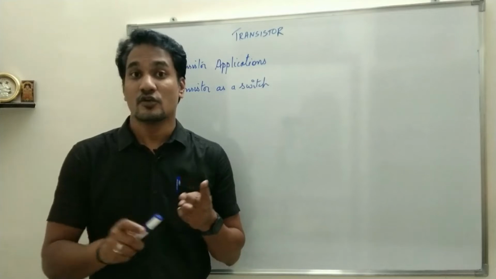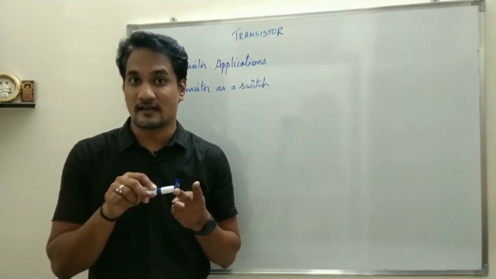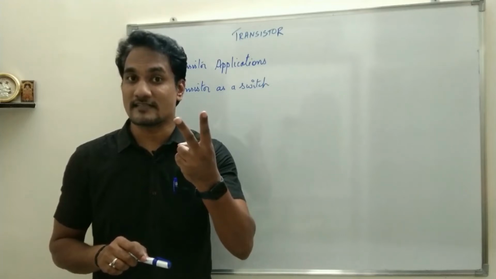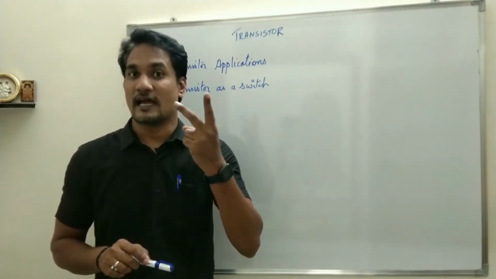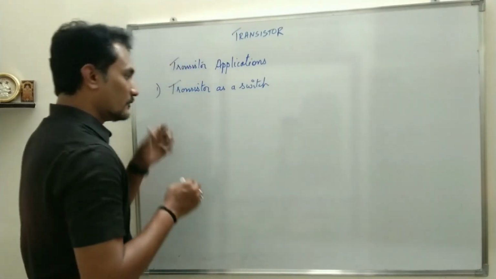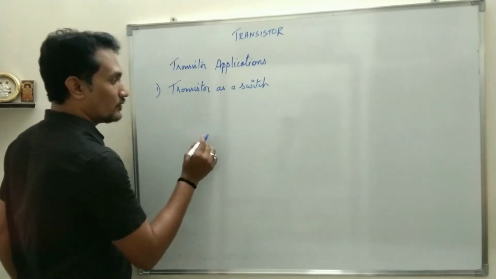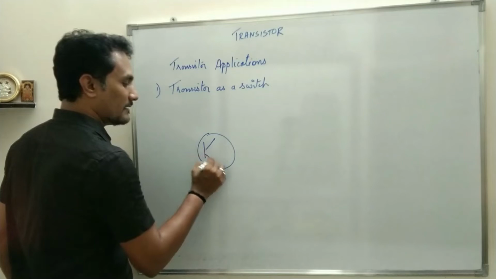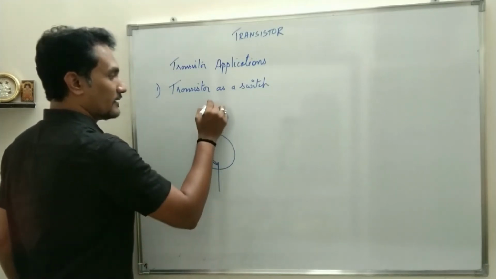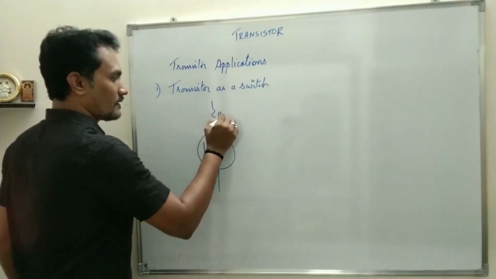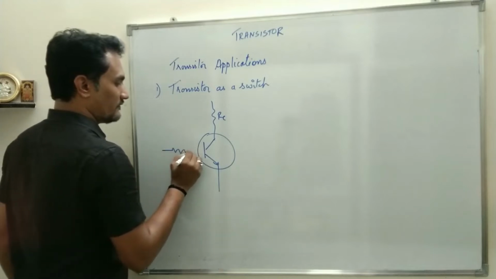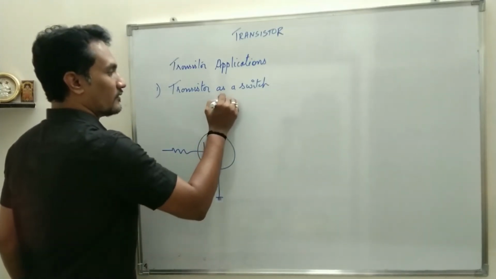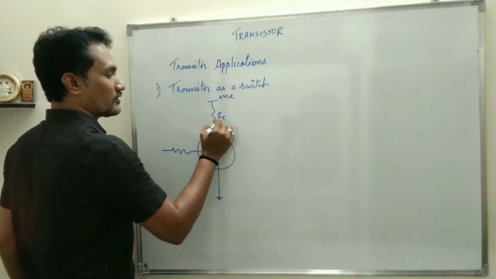That means you have to use the transistor in only two regions, that is saturation and cutoff. Okay, so when I draw the circuit now, instead of using two power supply, I will use common emitter configuration, but now I will use only one power supply, emitter being ground, collector being connected to positive supply.